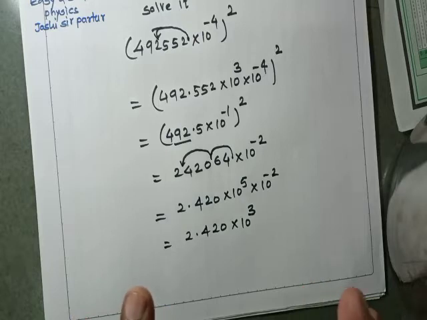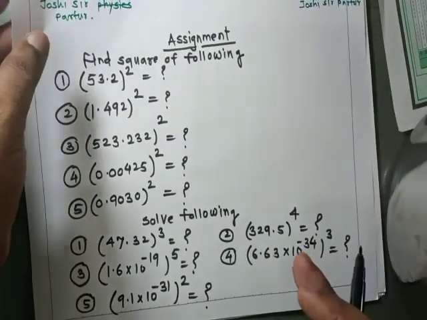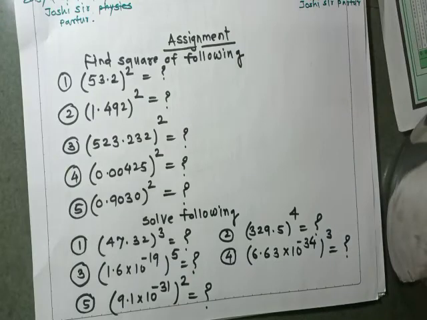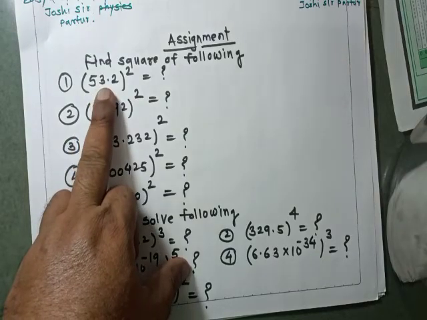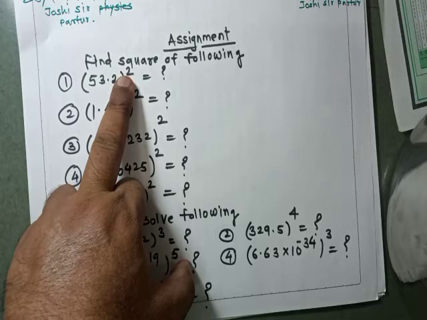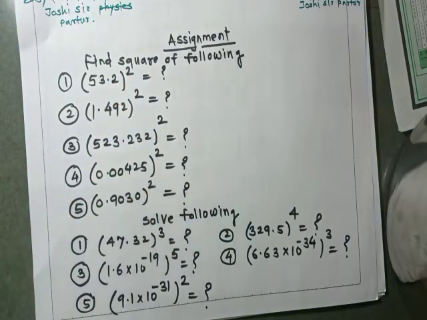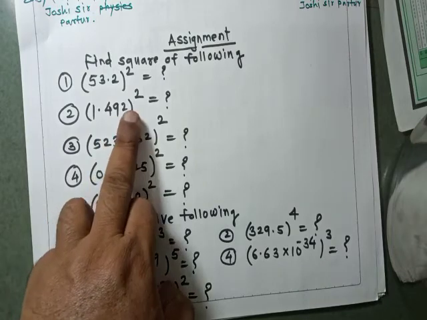we can solve it. So here an assignment is given to you to solve. See here, an assignment is given to you for solving the squares. The first assignment will be 53.2 square. We can see by using square. The second will be 1.492 square.